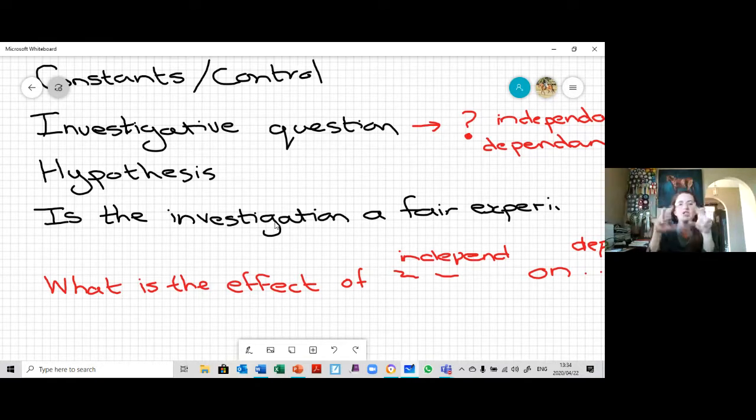The trick with answering that question is you need to look, is there maybe something else that they are busy changing? So say, for example, they are changing the length of the chain as well as the functional group. Then that investigation is no longer a fair experiment because I have two independent variables.